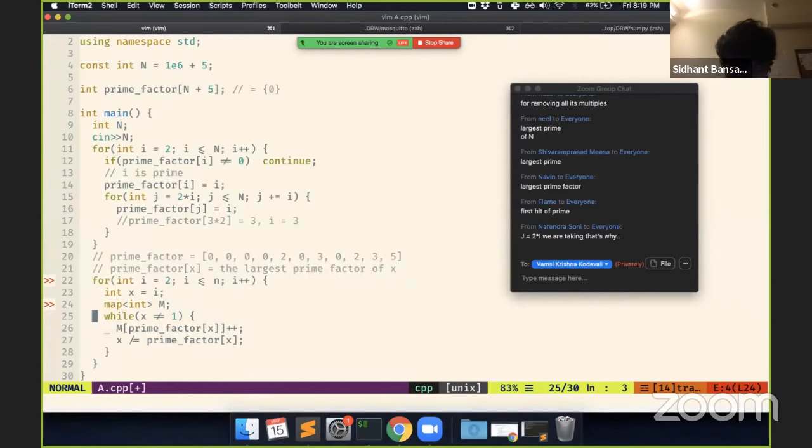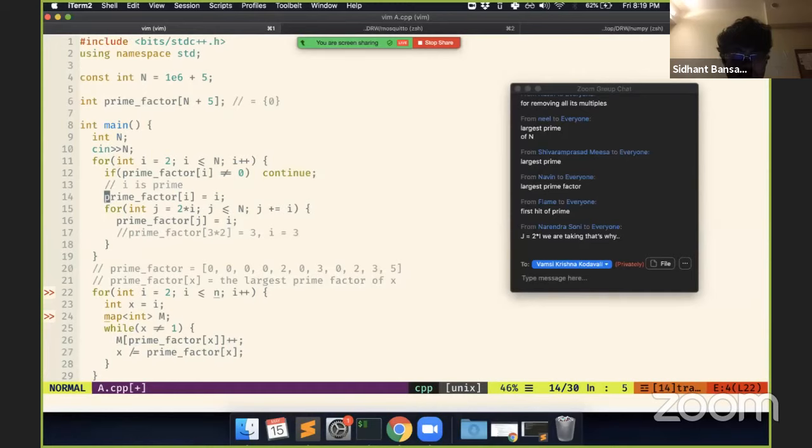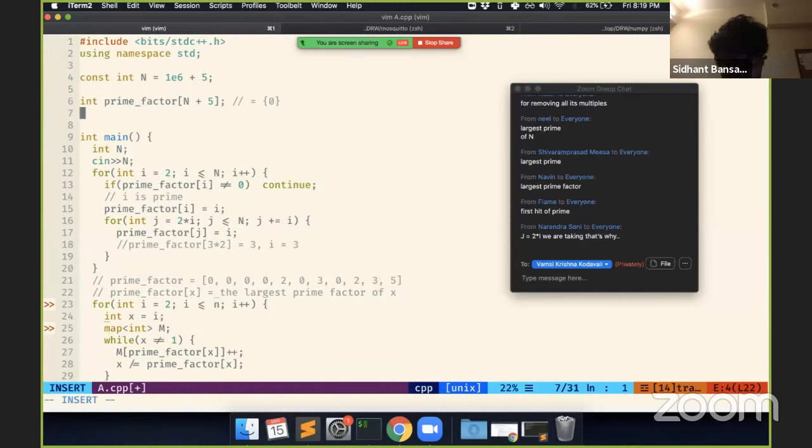Okay, I didn't motivate my code enough. So eventually what we want is, let me motivate it. We want to fill the structure vector pair int prime factors n plus 5.